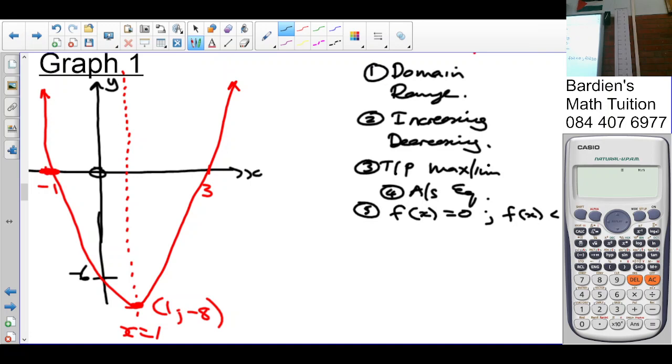Then we're going to speak about the equation of f of x if it's reflected firstly in the y-axis, secondly if it was reflected in the x-axis.